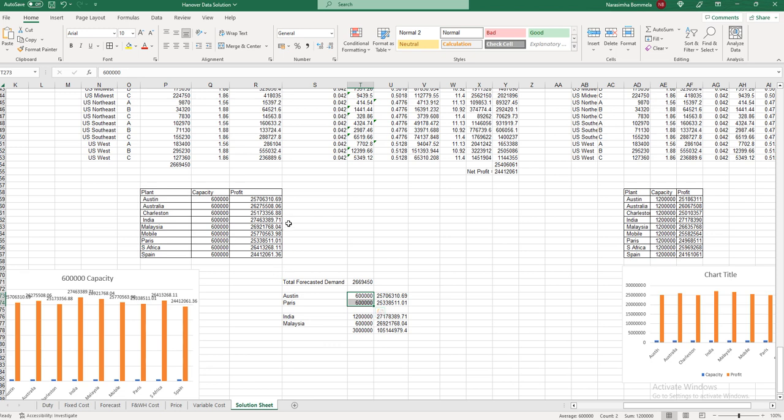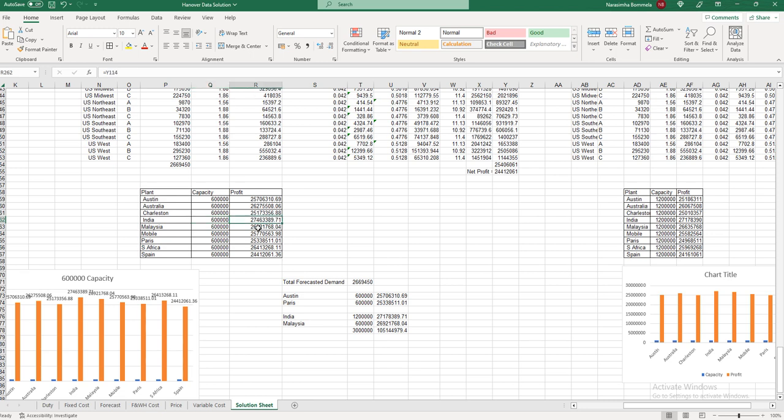Other than these two locations, what are the best locations to start new production? Let us see. We have different options here. We can see that India is generating the maximum profit when producing 600,000 units, that is 27433389. So the value is clearly evident here.